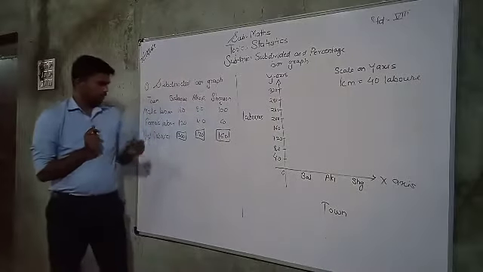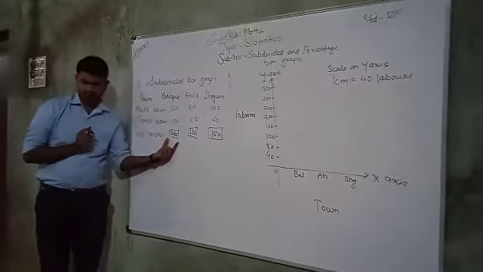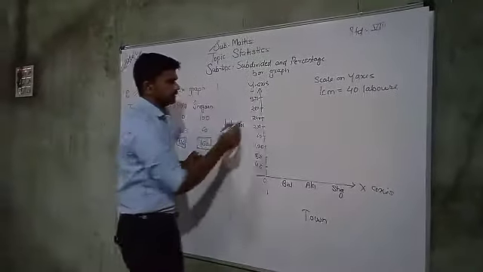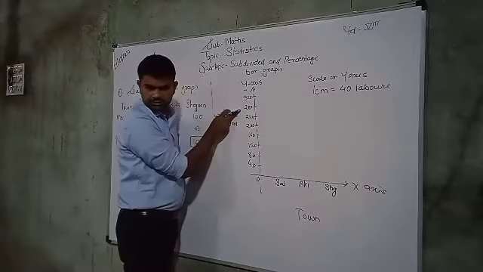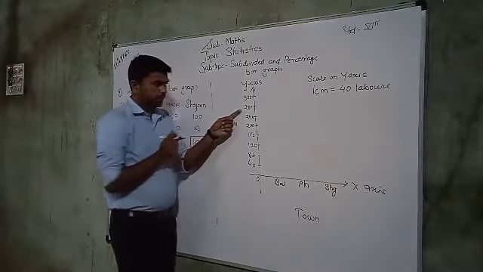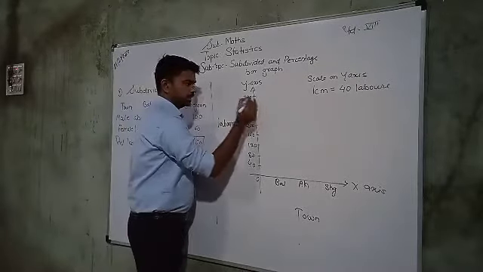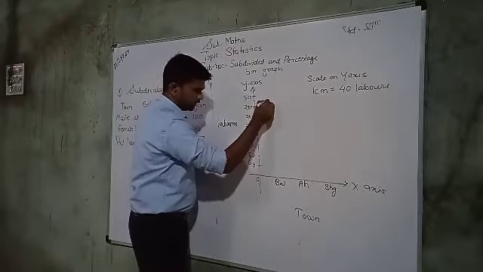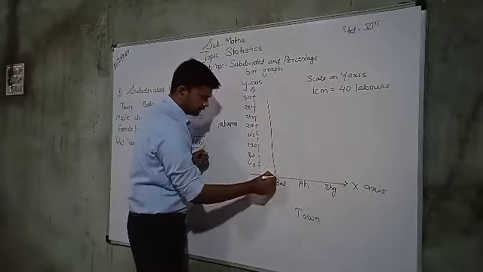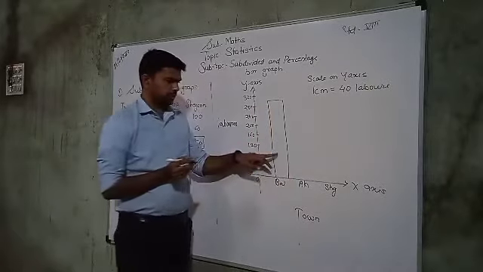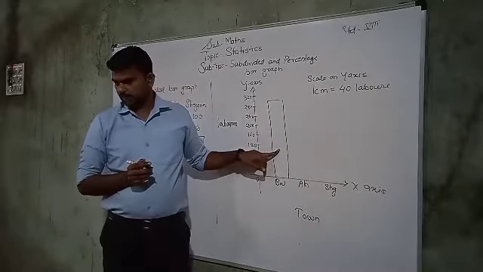Okay. Now, how many total laborers are there in Balapur? 300. So draw a line. Where is 300? It will be between 280 and 320, right? Yes. So it will come here. Then we draw a line like this. This is the total number of laborers in Balapur.